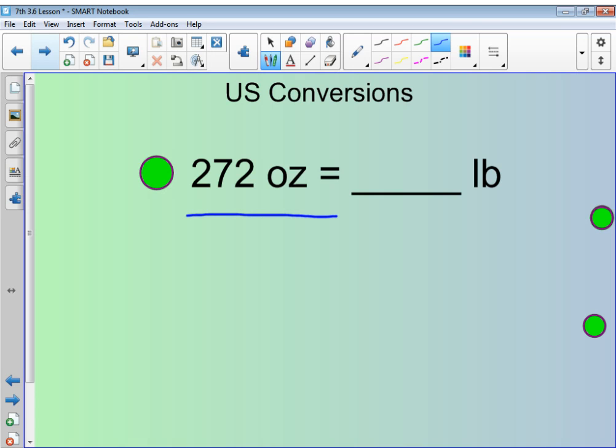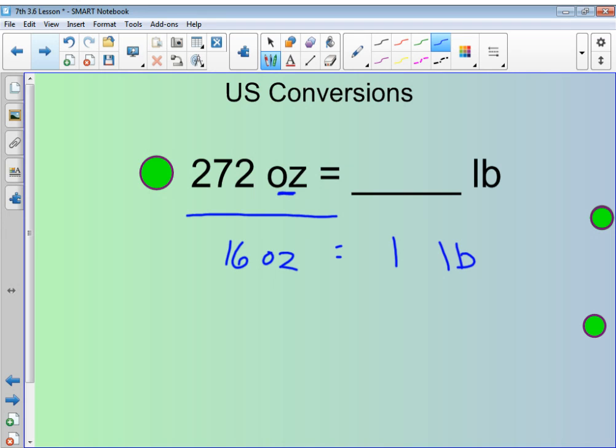So 16 ounces, since I have my ounces in the front here, is the same as 1 pound, so 1 lb. Okay, and key thing is if you're using the abbreviation, leave a space so you don't accidentally look at that as 11, or 116, for those of you that are maybe not the clearest.